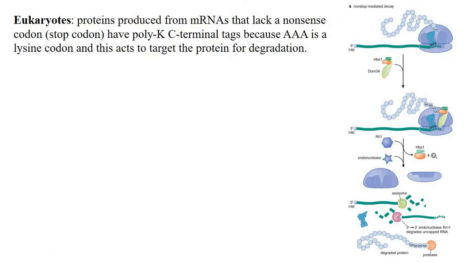In eukaryotes, if the protein is produced from an mRNA that lacks a nonsense codon or a stop codon, then they will have a poly K C-terminal tag, because eukaryotes have the poly A tail in mRNA. So if they miss the stop codon, the translation will go all the way into the poly A tail. Usually, as you know, the stop codon comes before the poly A tail, right?